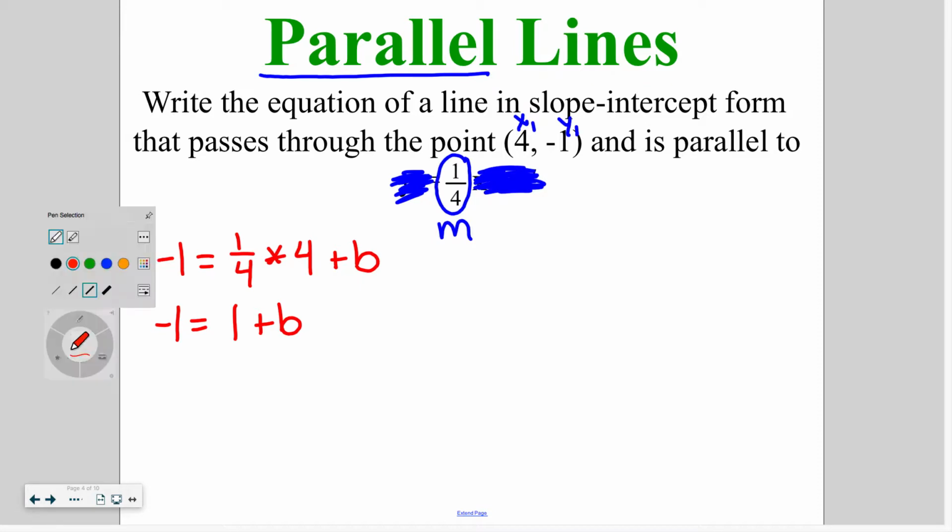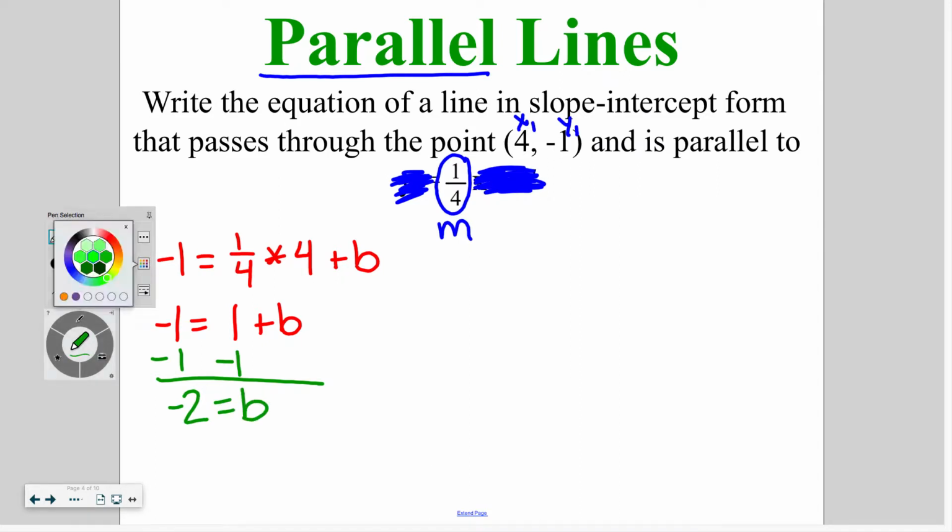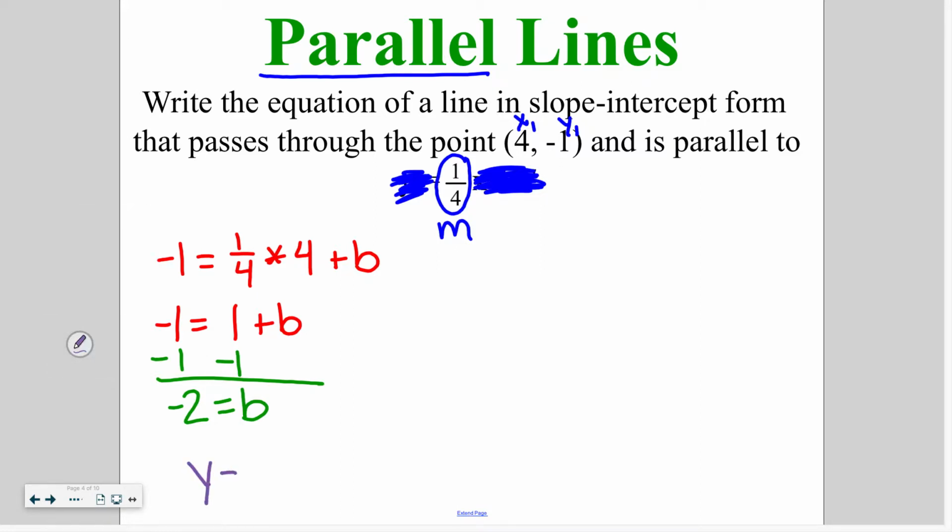In order to solve for b, we are going to subtract 1 from both sides, and we get negative 2 is equal to b, giving us a final equation of y is equal to 1/4 x minus 2.